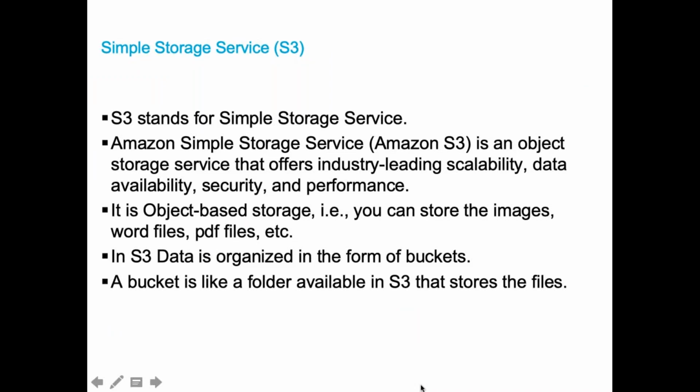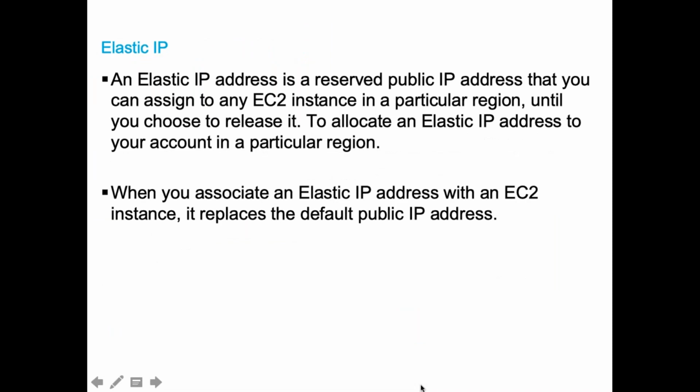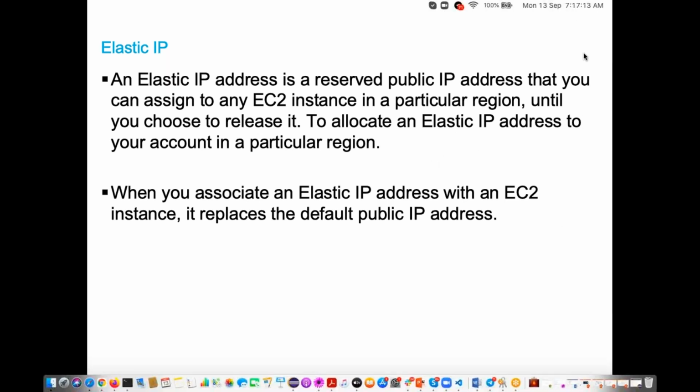So the last topic is elastic IP. Did you observe that if you restart the EC2 instance, the public IP address is going to change? Yes or no? But it is very difficult now.